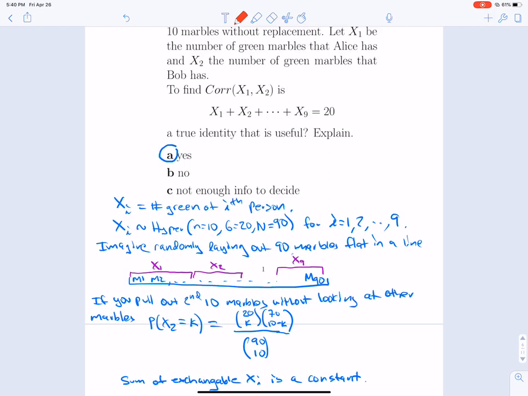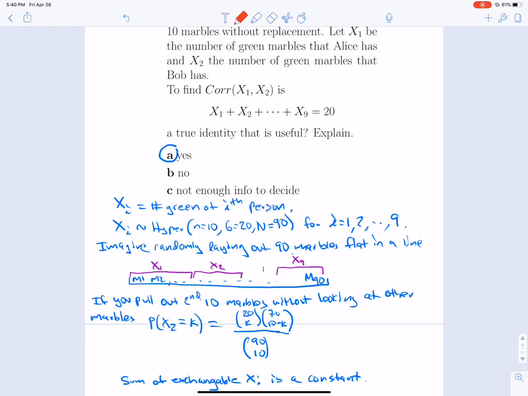To see that, just imagine laying out the 90 marbles randomly in a line, and let's say we wanted to know the number of green marbles in marbles number 11 to 20.